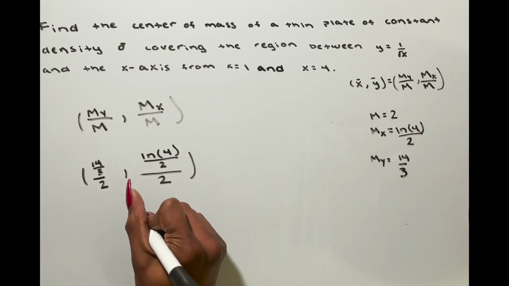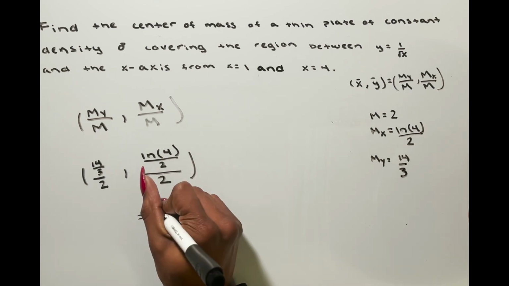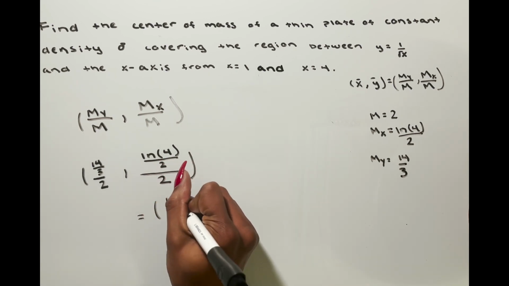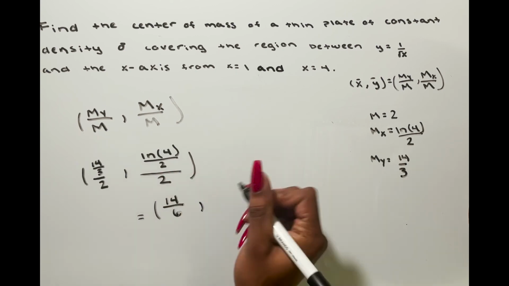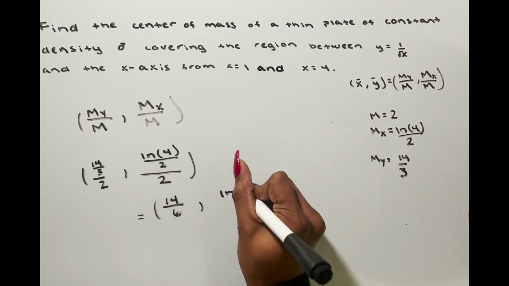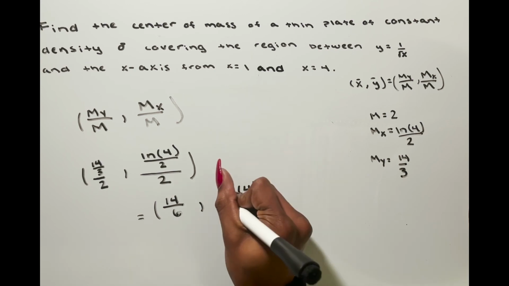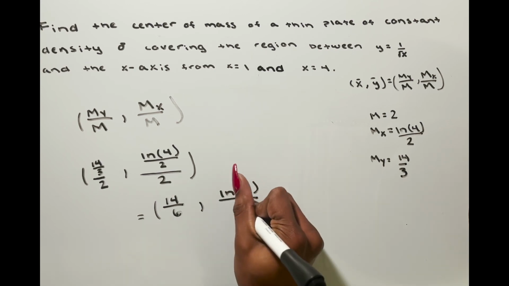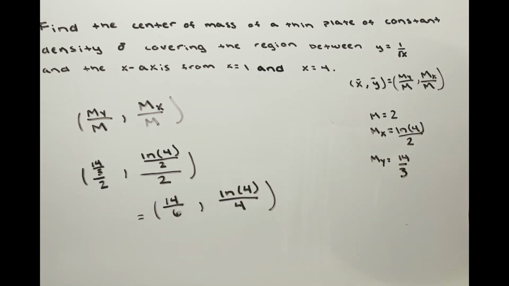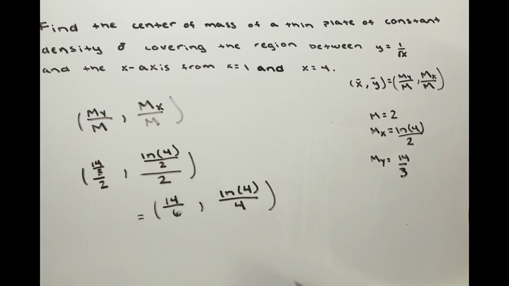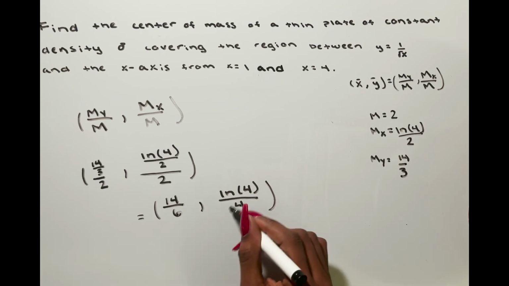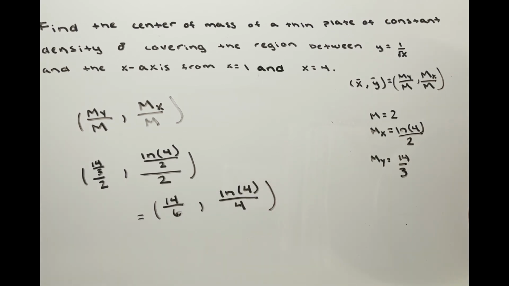Using our fraction rules, we can simplify this to 14 over 6 and ln of 4 over 4. So we multiply 3 times 2, giving us a denominator of 6, and 2 times 2, giving us a denominator of 4. So this is how we find the center of mass of a thin plate with a constant density of delta.